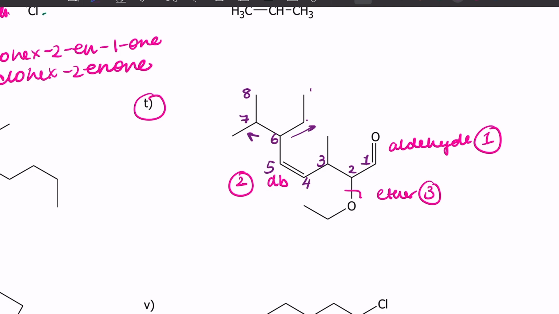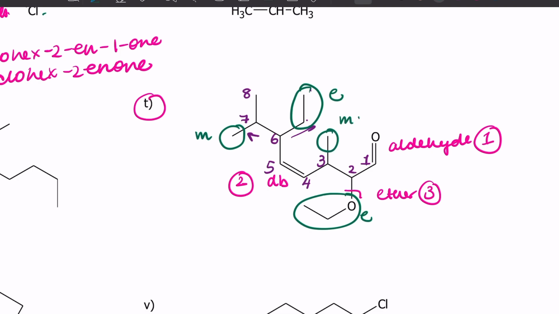Okay. So let's look for what substituents are present. There is a methyl group, starts with an M. An ethyl group starts with an E. This would become ethoxy, so starts with another E, and there is another methyl group. So let's name this compound.